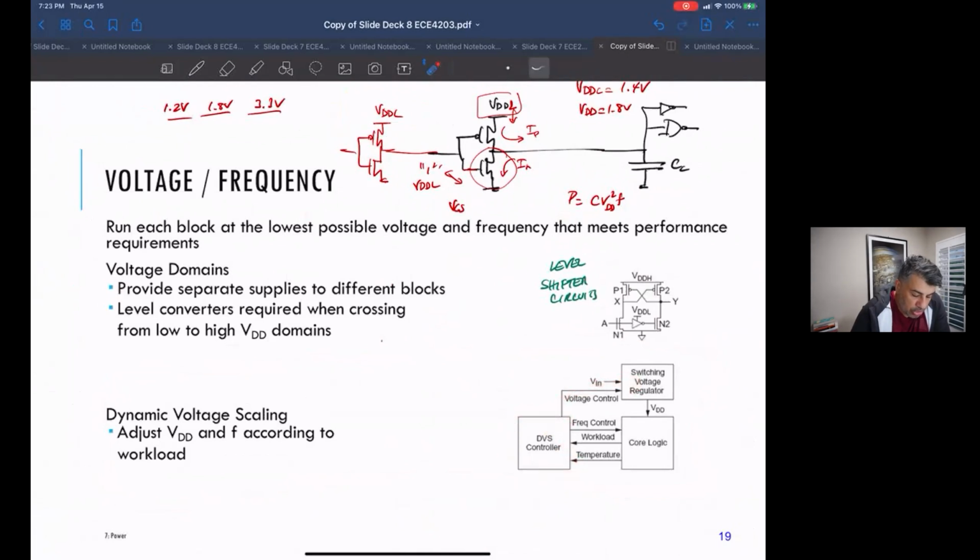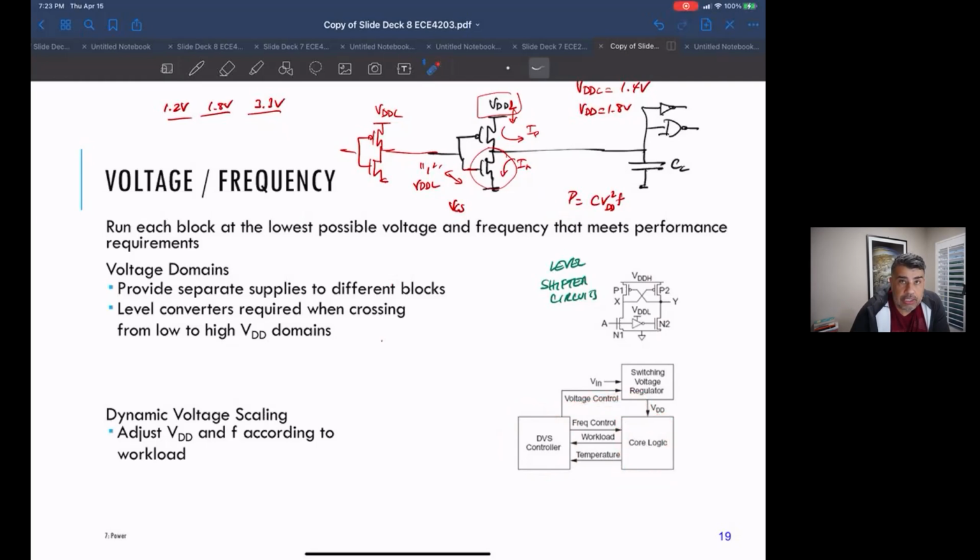It's basically looking at the operating frequency. So let's say your circuit is running slowly, your voltage controller recognizes that, let's say it's in sleep mode or there's not a whole lot happening, and it actually reduces the supply voltage to the block actively. So basically on the fly.